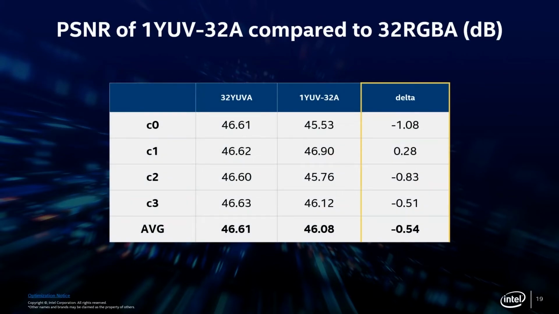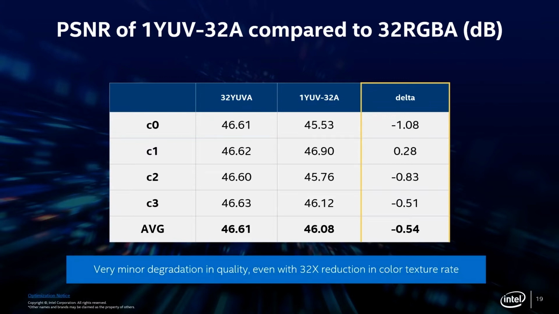So we again rendered some intermediate viewpoints at the C0 through C3 points using these YUV 32 alpha stacks. And as you can see, if we compare against using the original 32 RGB alpha as our reference truth here, the 1YUV32A approach shows an average reduction of about 0.5 decibels compared to doing 32 YUV.